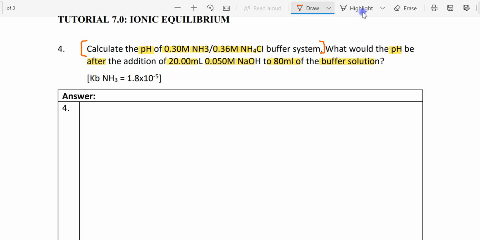We can directly calculate. For this one, the buffer system here has the weak base and this is its salt. So the buffer system here is referred to as a basic buffer. Therefore, we have to use the Henderson-Hasselbalch equation to calculate the pOH.